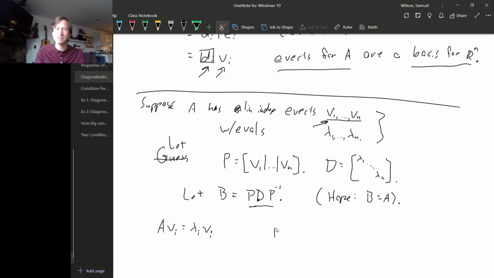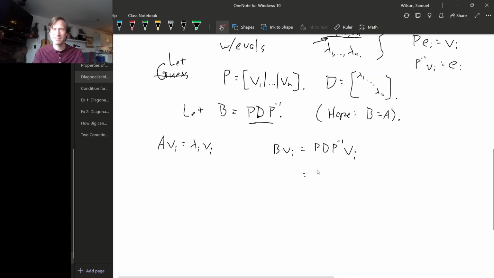Now let's see what happens if we multiply vi on the left by B. Well, B is P times D times P inverse, times vi. What is P inverse times vi? Well, P times ei is vi, and that means that P inverse times vi is ei.